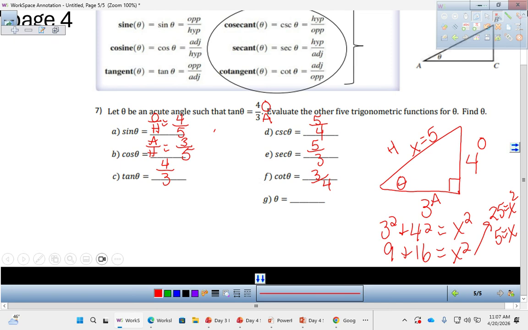We okay so far? Now the ultimate goal in this problem was to figure out what the angle was. There are 3 different ways that you can find this angle. You could do the sine inverse of 4/5. You could do the cosine inverse of 3/5.